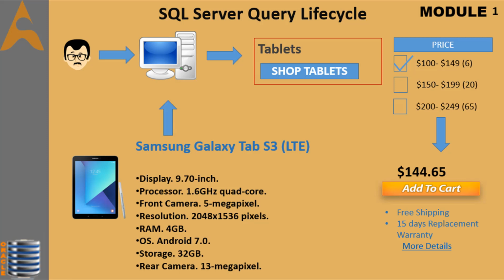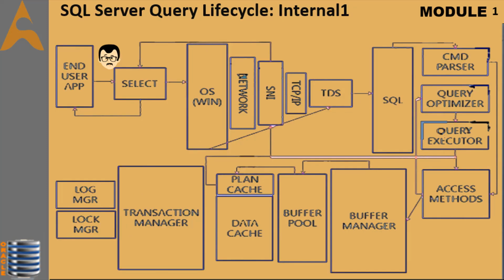And now we're going to see what actually happens behind the scenes inside a SQL Server instance. So this is the SQL Server query lifecycle from an internal SQL Server perspective. Here we have our end user application and a select statement to browse data.